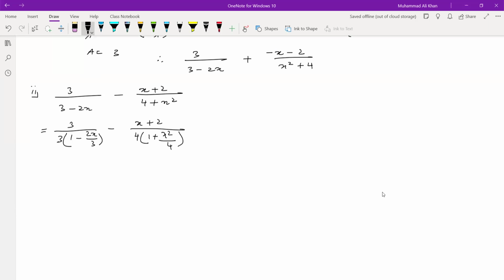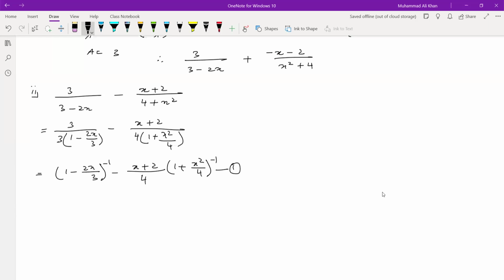So now, it will be 3 and 3 cancel. 1 minus 2x over 3 whole power -1 minus x plus 2 over 4 times 1 plus x square over 4 power -1. Clear?